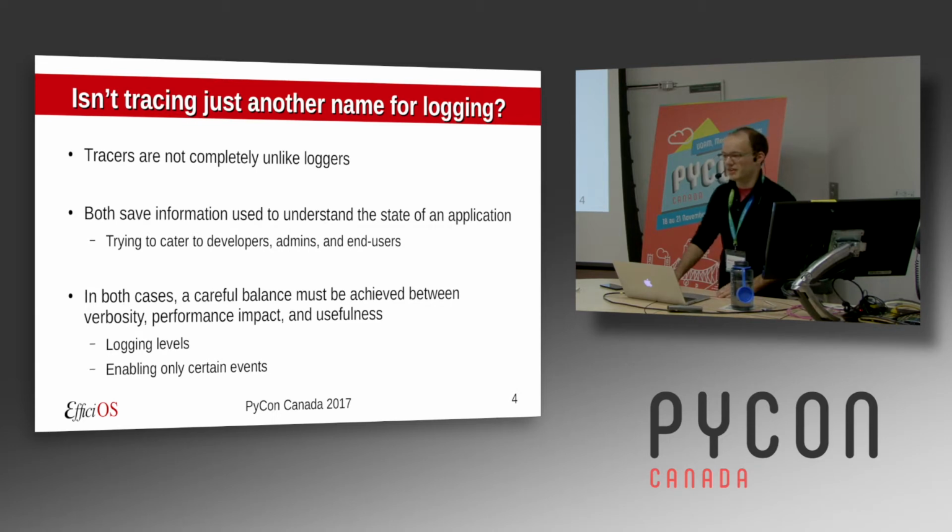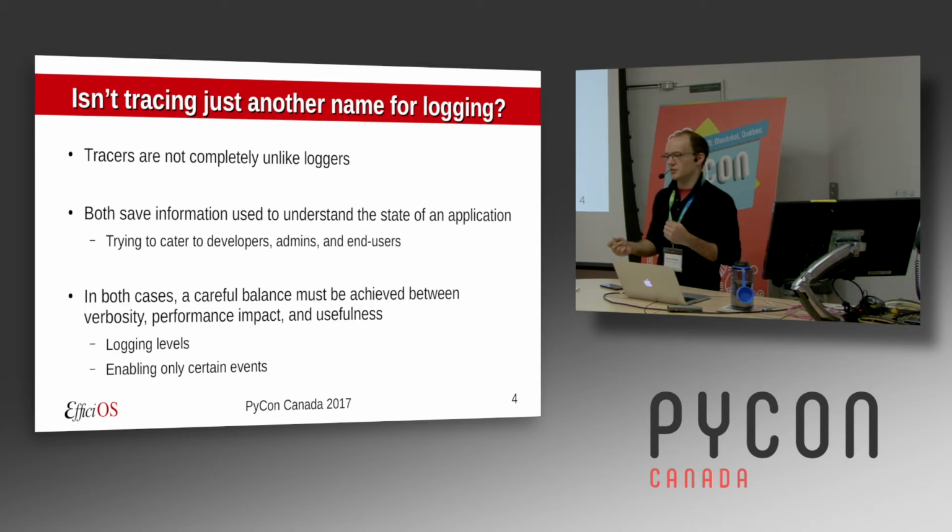If you end up with a couple gigabyte log and you're looking for that one error that happened sometime, it's basically useless. So loggers are going to be using logging levels. In tracers, typically, you'll be able to enable selectively a couple of events.